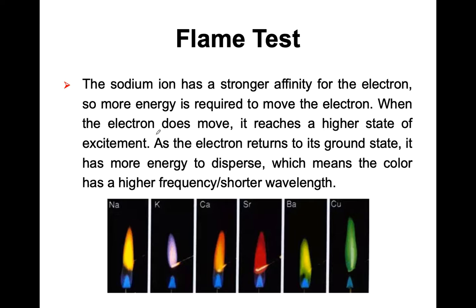Today, we will test 6 different elements that include lithium, sodium, potassium, boron, strontium, and copper. In the example shown here, you will see the sodium will be yellow, and the potassium light purple, calcium some kind of red, strontium scarlet, and the barium, well, we will not test this one. Copper will show a color like this.